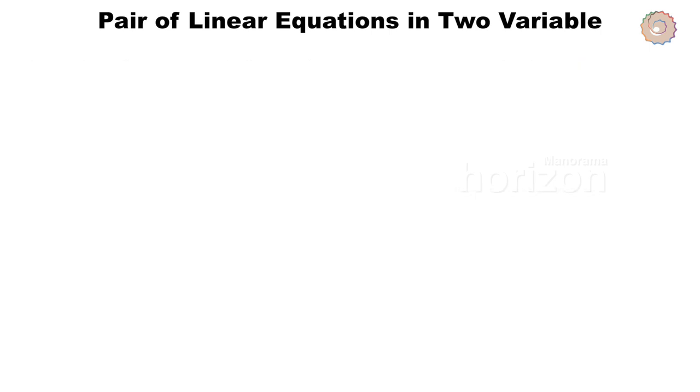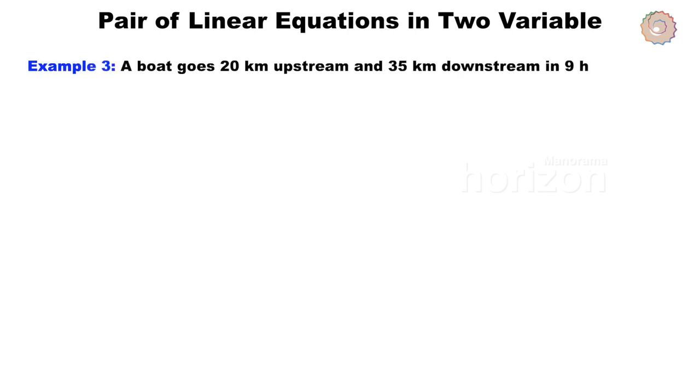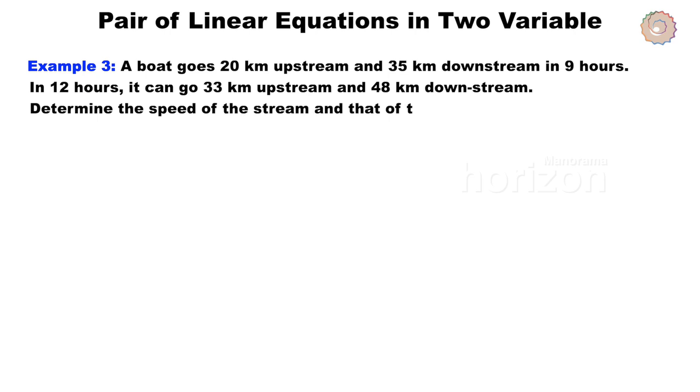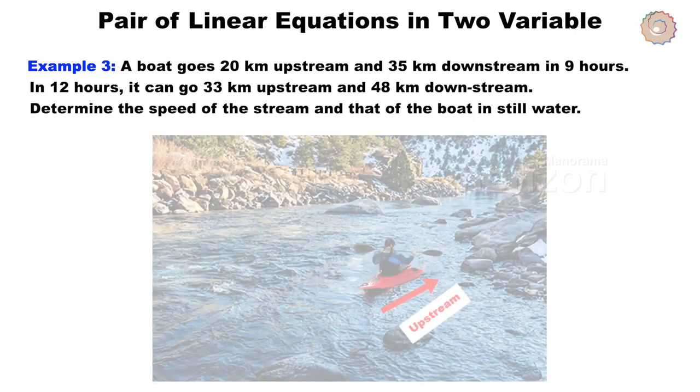The next problem is: a boat goes 20 kilometers upstream and 35 kilometers downstream in 9 hours. In 12 hours, it can go 33 kilometers upstream and 48 kilometers downstream. Determine the speed of the stream and that of the boat in still water.